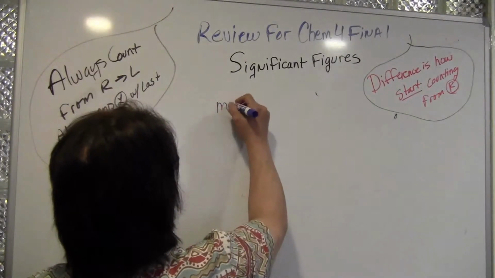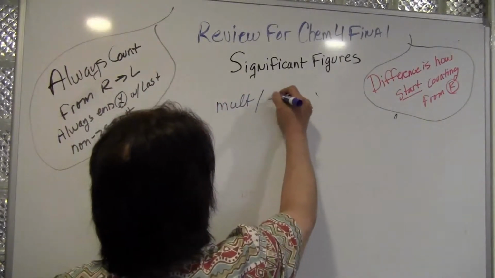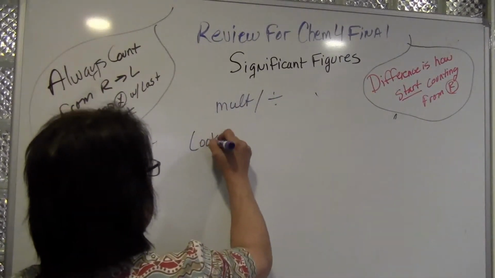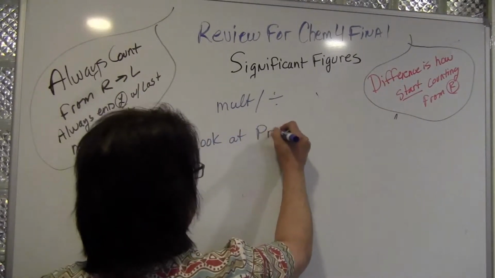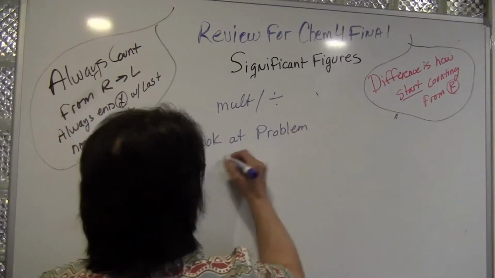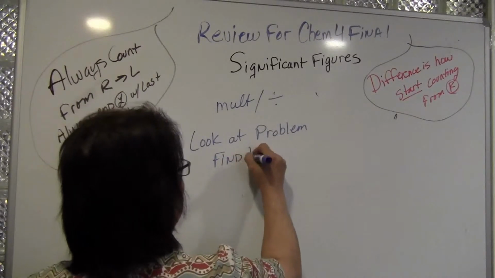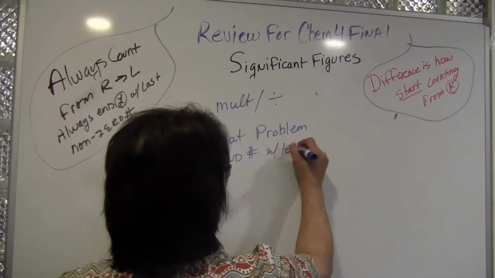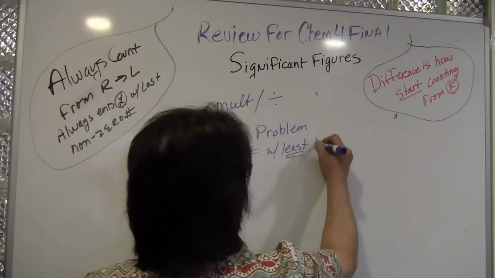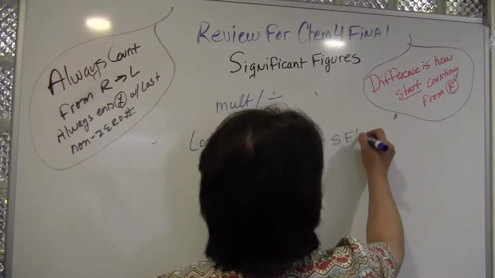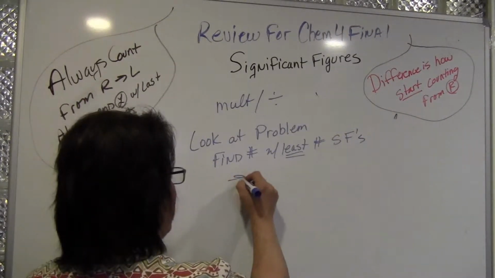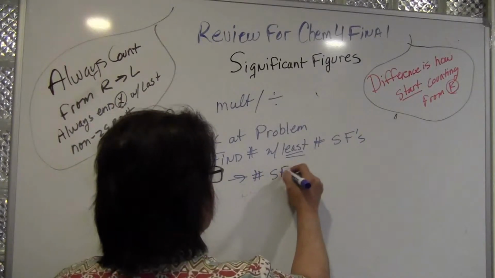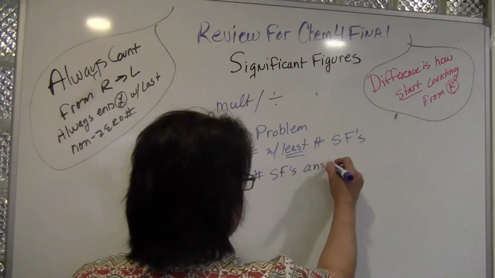Now, if you're multiplying or dividing, I want you to look at the problem, the question they give you, and find the number with the least number of significant figures. That's the number of significant figures in your answer.